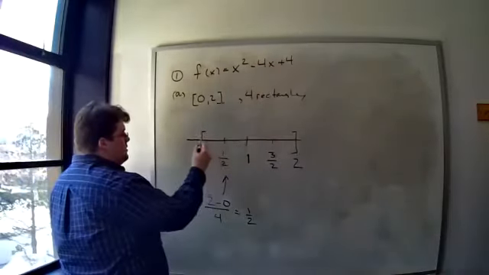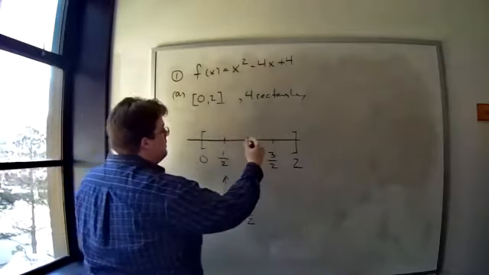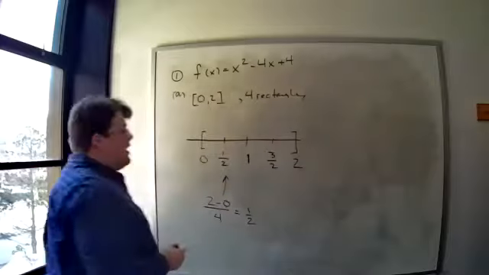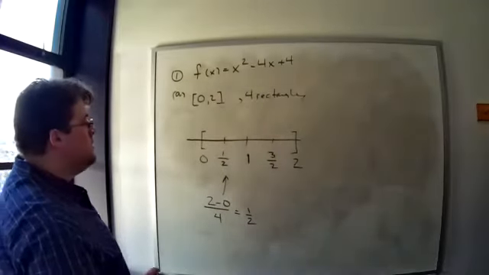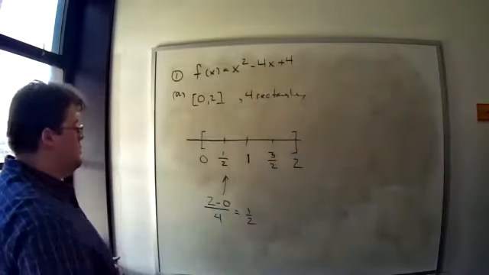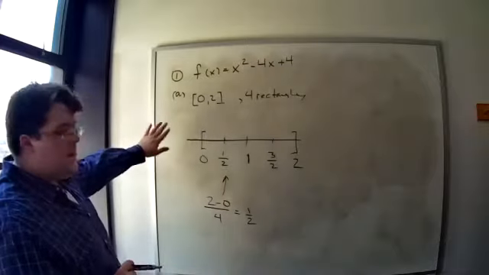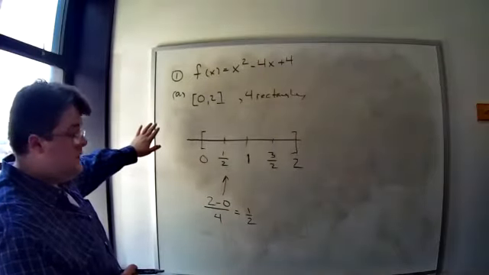So then this next one would be 0 plus a half, which is a half. Then a half plus a half, which is 1. 1 plus a half, 1.5, and then 1.5 plus a half gives us 2, which is 4 halves. Any questions about dividing this interval?